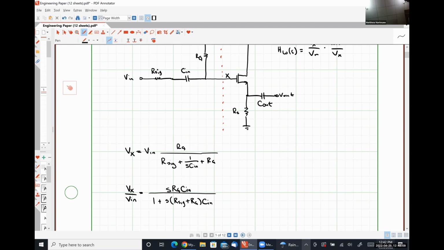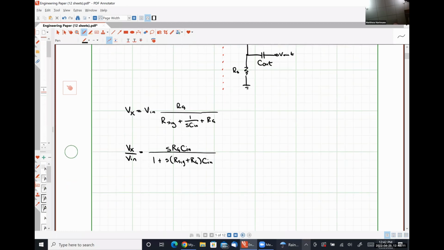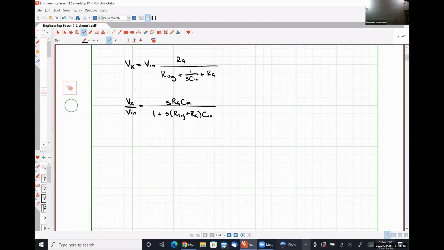For the remainder of the circuit, we're effectively just going to be analyzing this bit, right? So let's say that I have my voltage Vx here connected to the gate of my transistor.